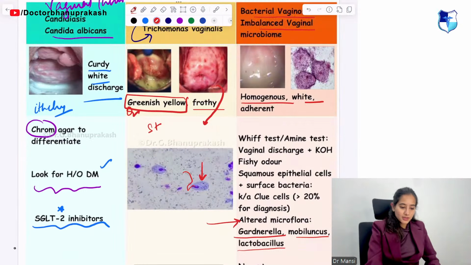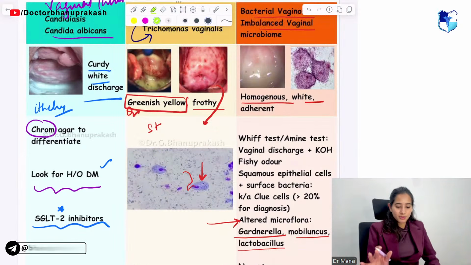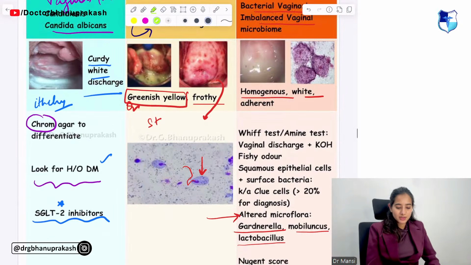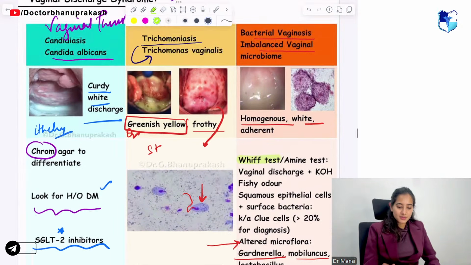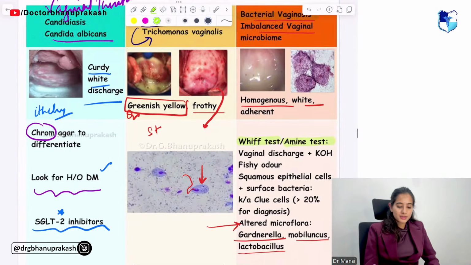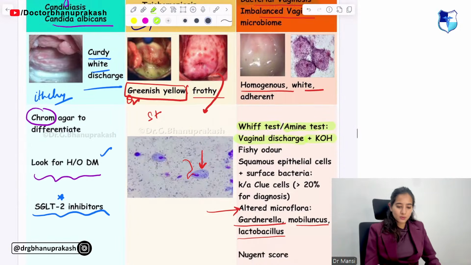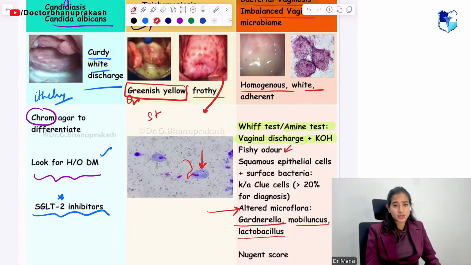So take keywords, okay? Because before exam time, you should focus more on the keywords in any disease condition. So the whiff test, as everyone is well aware, is positive in bacterial vaginosis, and it is also called the amine test. How do we do this test? We take the vaginal discharge and mix it with KOH, and a fishy, fish-like odor comes.